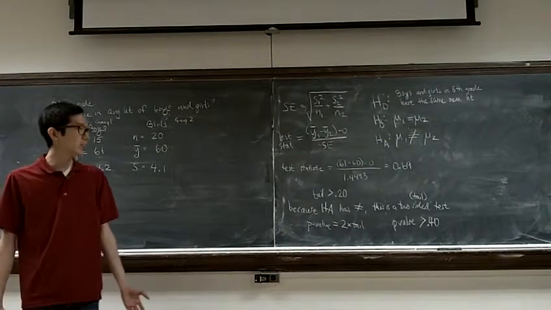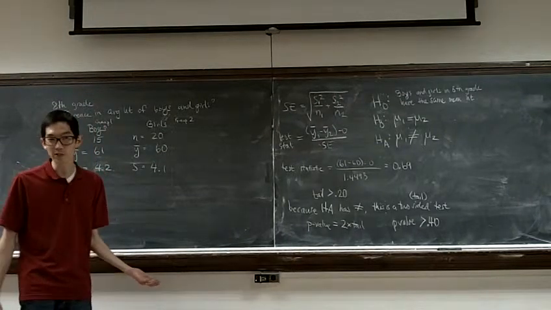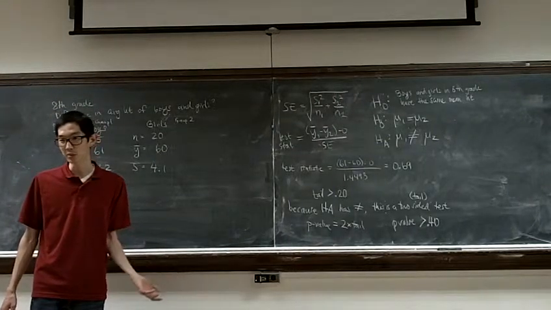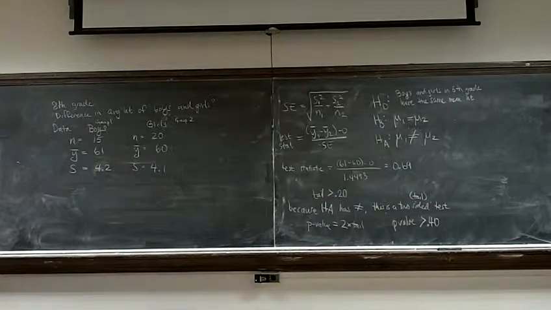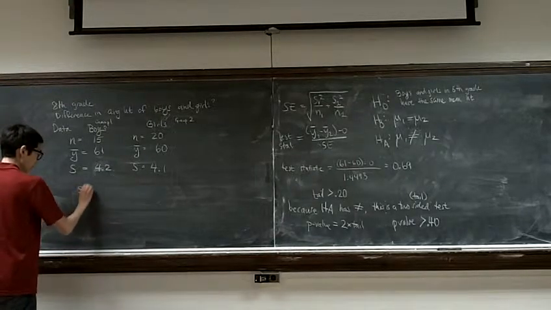So how do we decide what is a large p-value and what's a small p-value? This is where we choose something called alpha. At the beginning of the test, we're supposed to select an alpha.